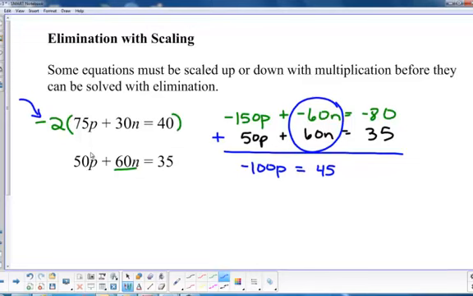Actually, I guess you don't even need a calculator, because we're only dividing by 100. I lost my negative on my 45, because that's negative. All right, so when we divide by 100, that just means you move the decimal 2 to the left. So our answer is positive 0.45.